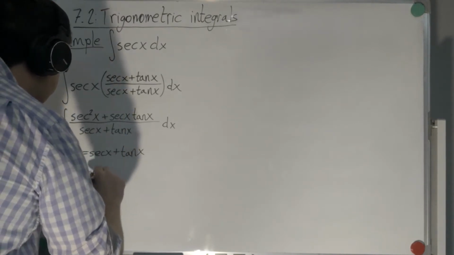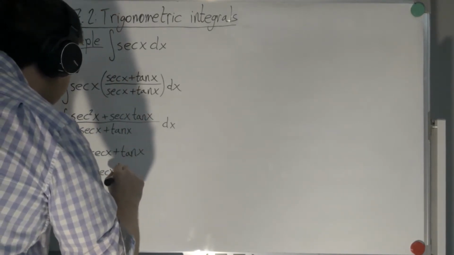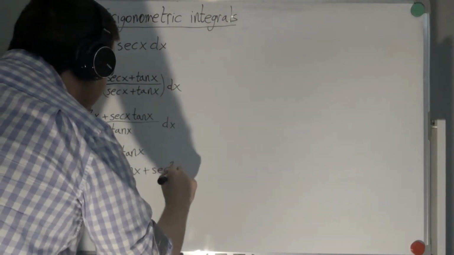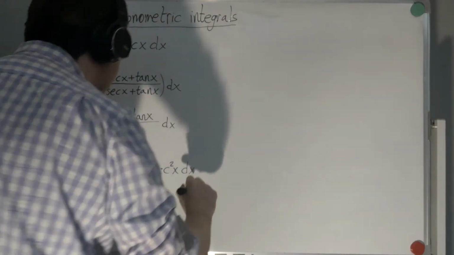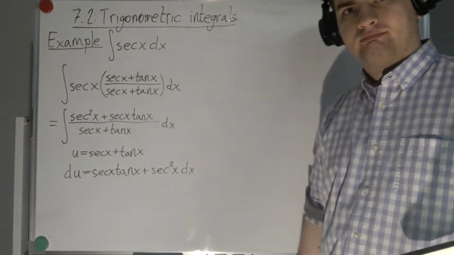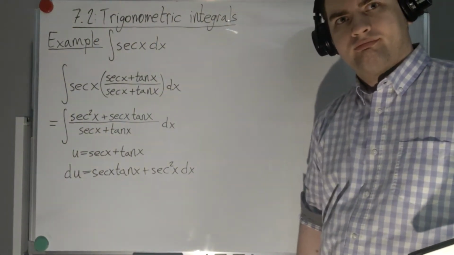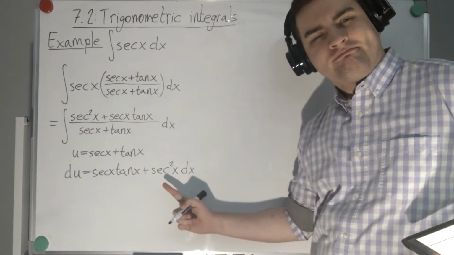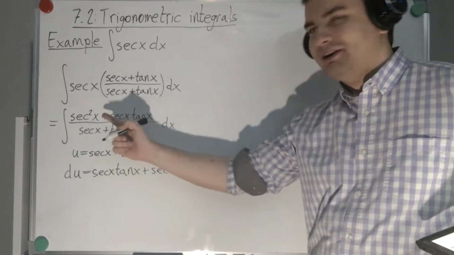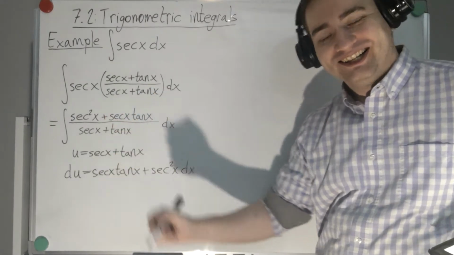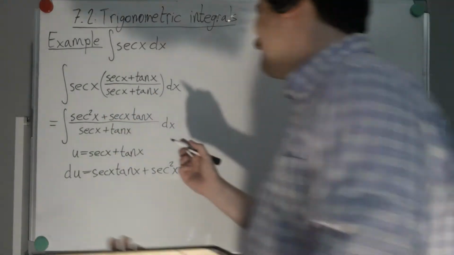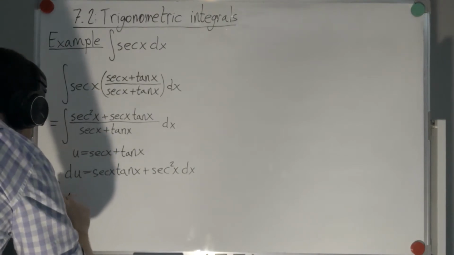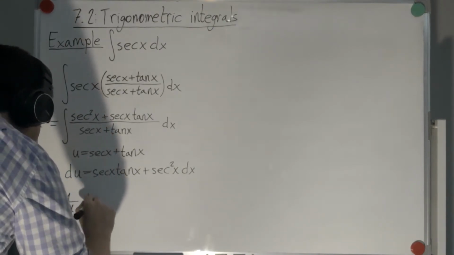So let's see, that's going to be secant x tangent x plus secant squared x dx. Does that look familiar? That's exactly what we have on top here, right? Okay. So this whole thing can just turn into the indefinite integral of 1 over u du.